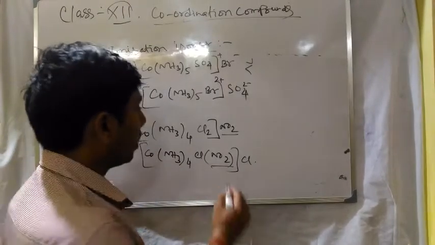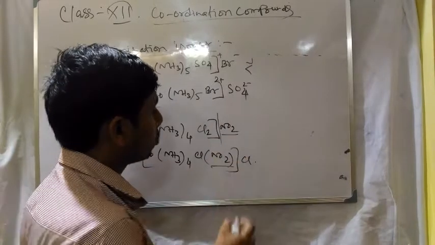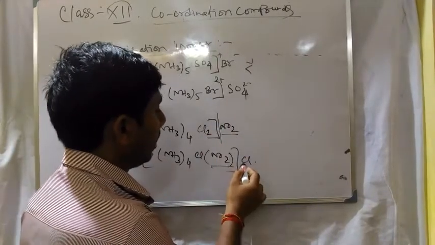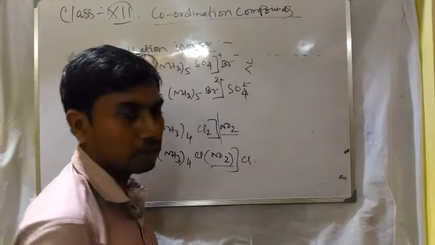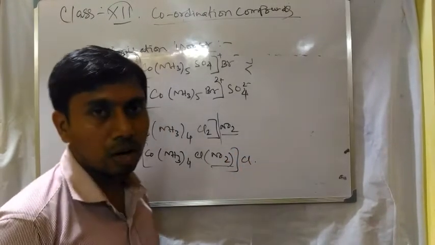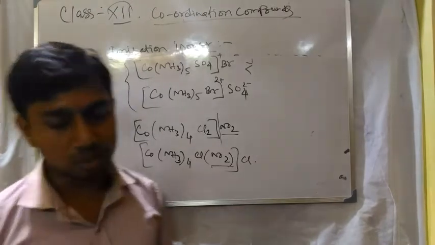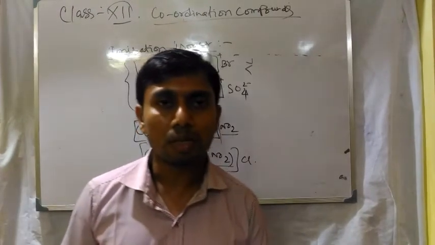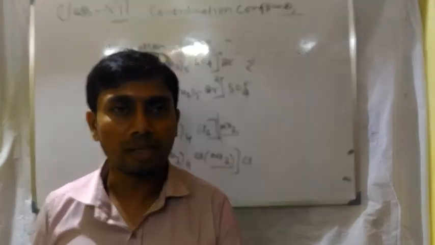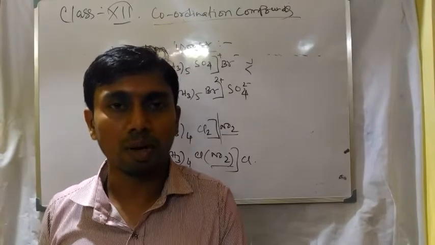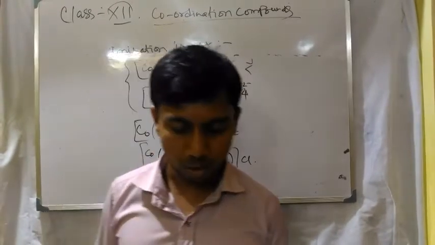The first ionizes to form this plus and this minus, and the second forms this plus and this minus. So this is also an example of ionization isomer. When compounds ionize differently but have the same molecular formula, they are known as ionization isomers.